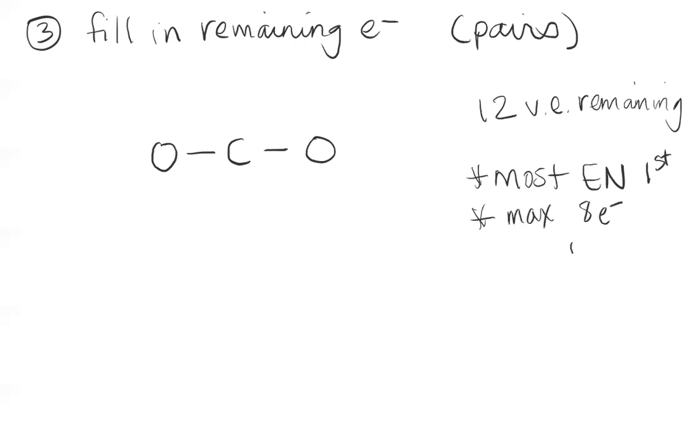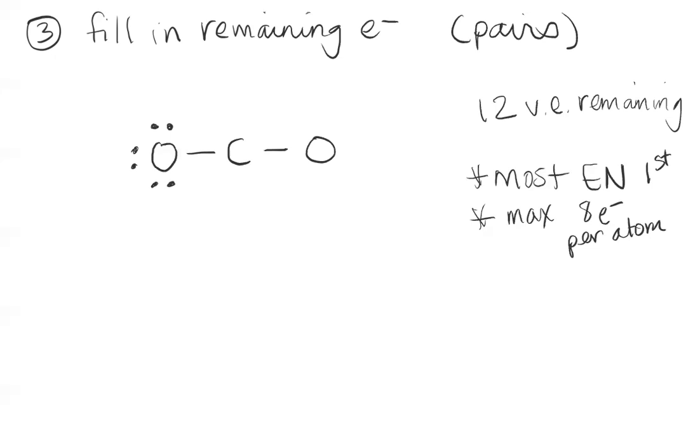8 electrons per atom. So I need to put my 12 in, and they're going to go on the most electronegative atom first. Oxygen is the most electronegative, so I put 1, 2, 3, 4, 5, 6.